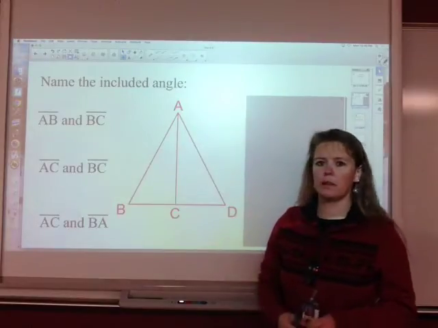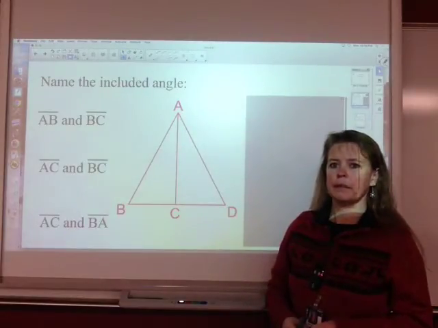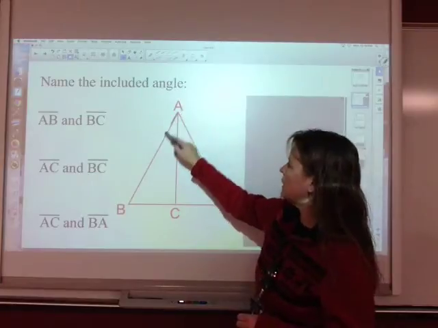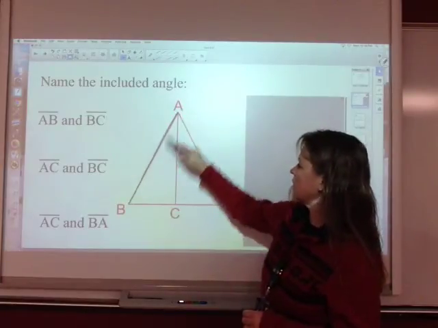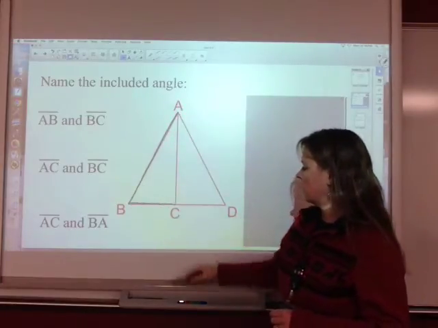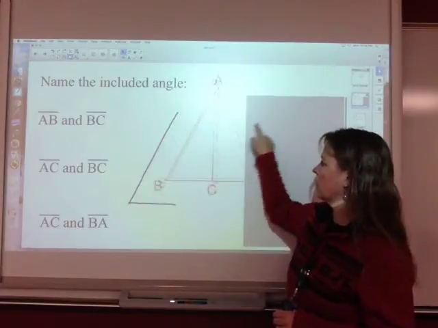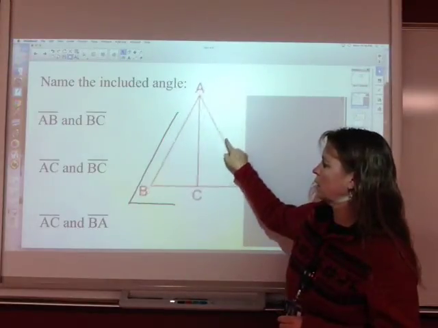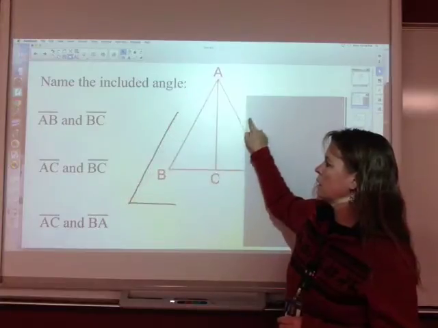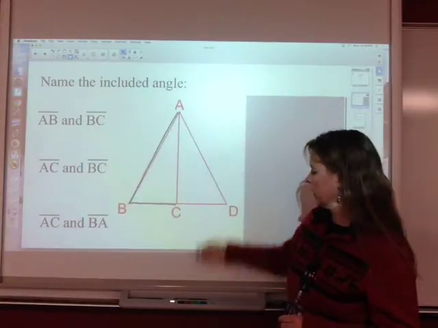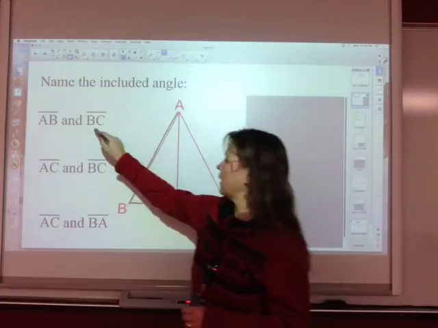Here's the best way to figure out the included angle. Draw segment AB, draw segment BC, and if I move the triangle out of the way, there's my angle. What angle was formed by those two? It's angle B. So the answer to this one is angle B.